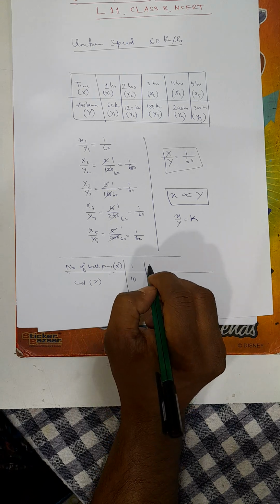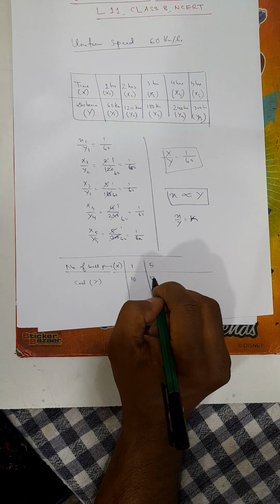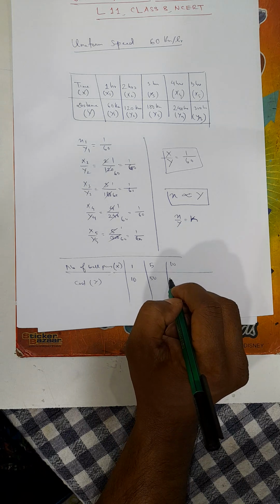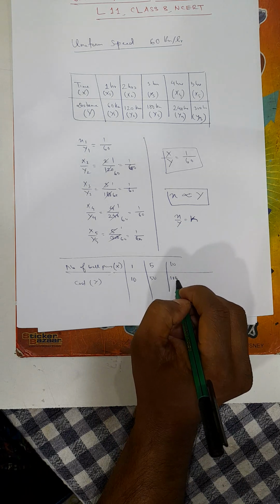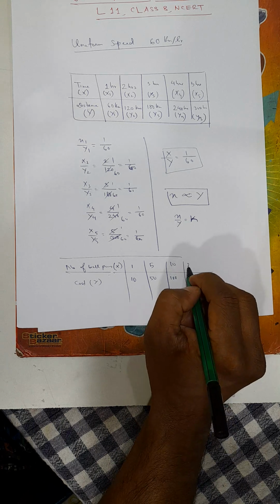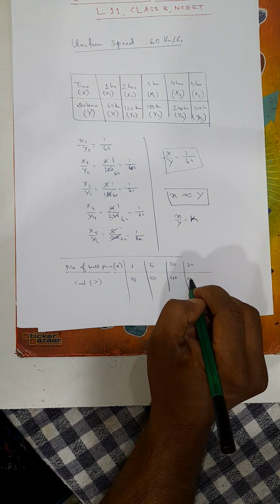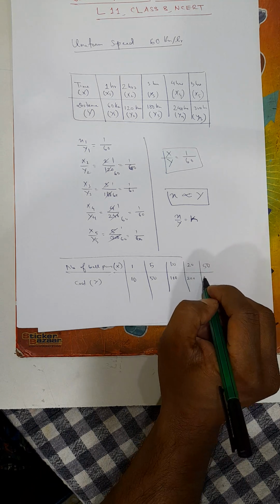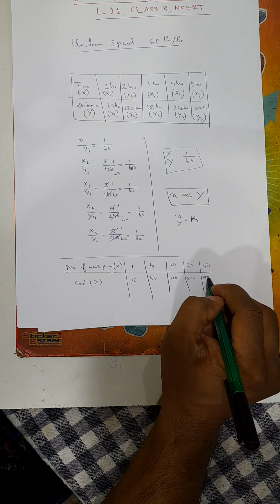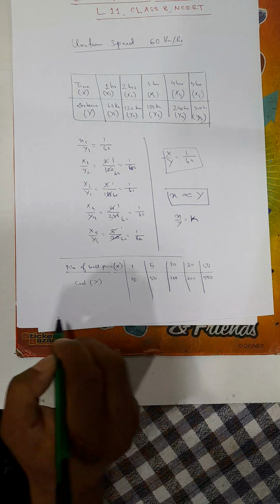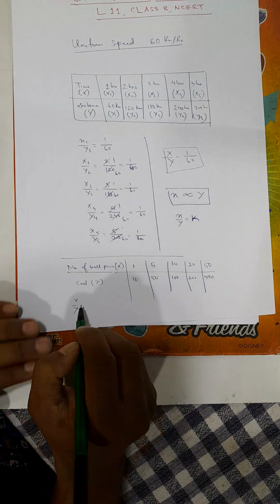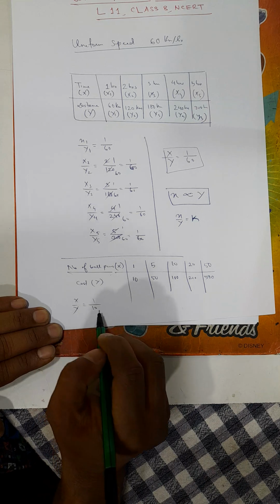That means the cost of 5 ball pens is 50, 10 ball pens 100, 20 ball pens 200, 50 ball pens, how much? 500.